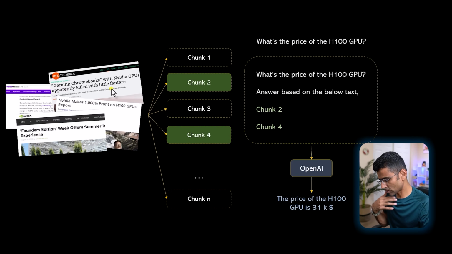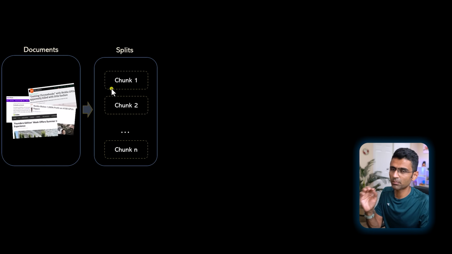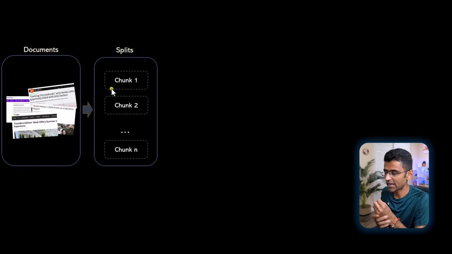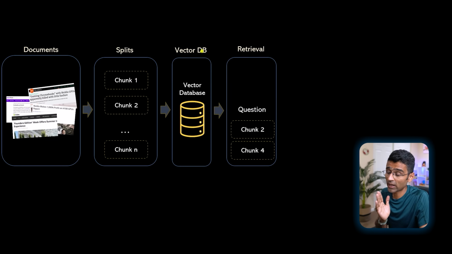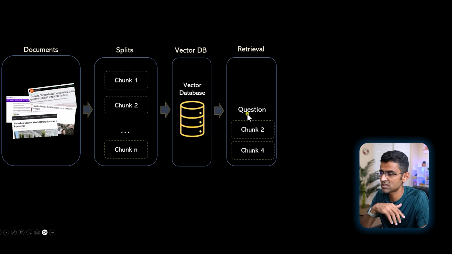So now, thinking about the technical architecture, the first component will be some kind of document loader where you can get all your news articles and load them into that object. And then the second one will be splitting that into multiple chunks and storing that into a vector database, so that when you have a given question, let's say, what is the price of H100 GPU, you can go to the vector database and retrieve the relevant chunks, which are chunk 2 and chunk 4.